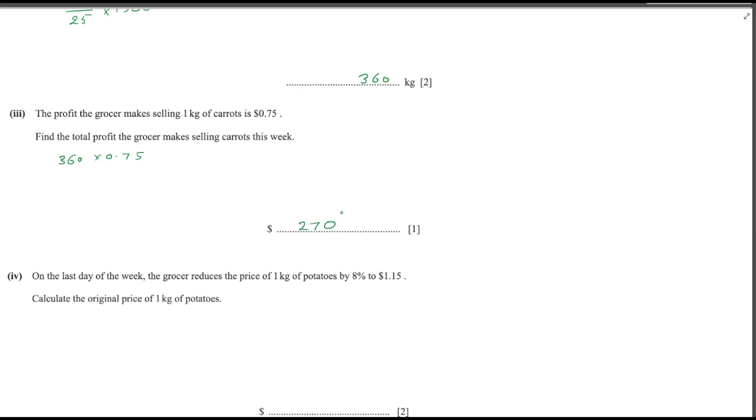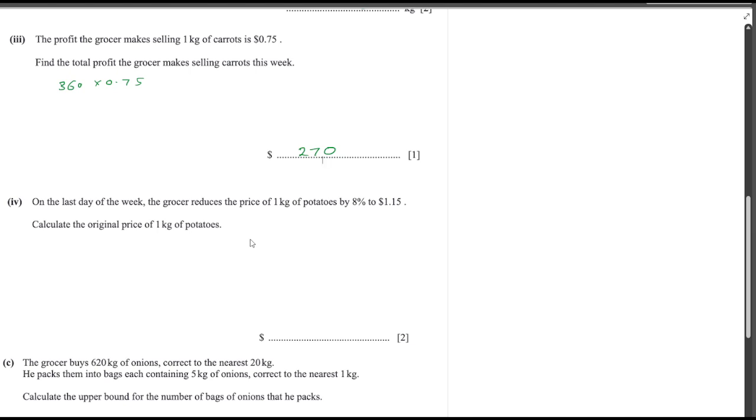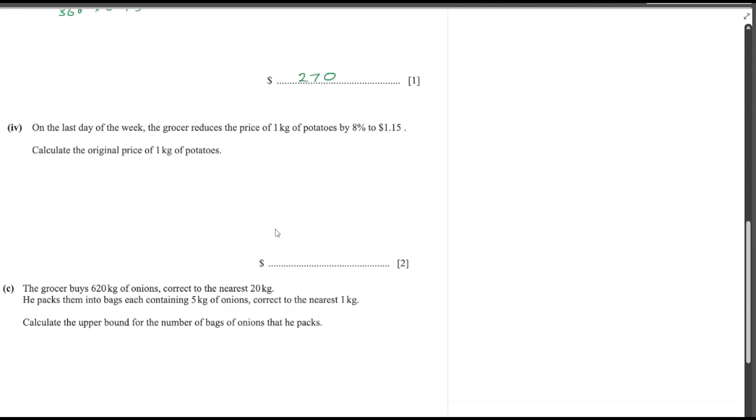On the last day of the week, the grocer reduces the price of 1 kg of potato by 8% to sell at 1.15. Calculate the original price of 1 kg of potato. Now original price you can consider as x, then you reduce this by 8%, so x minus 8 divided by 100 times x will give you 1.15.